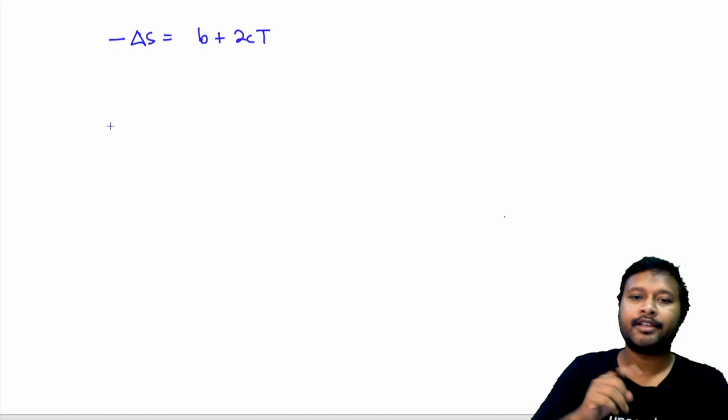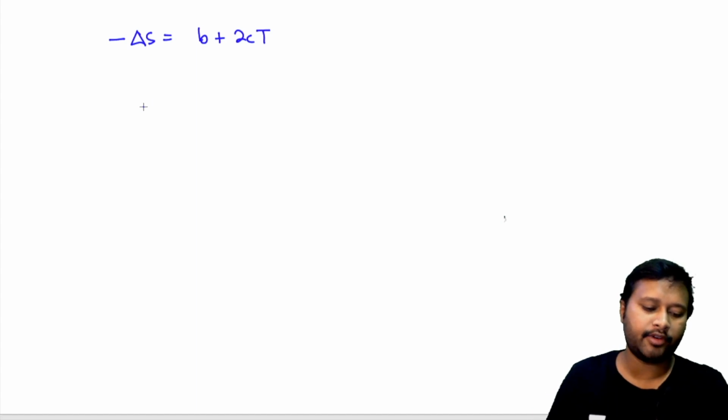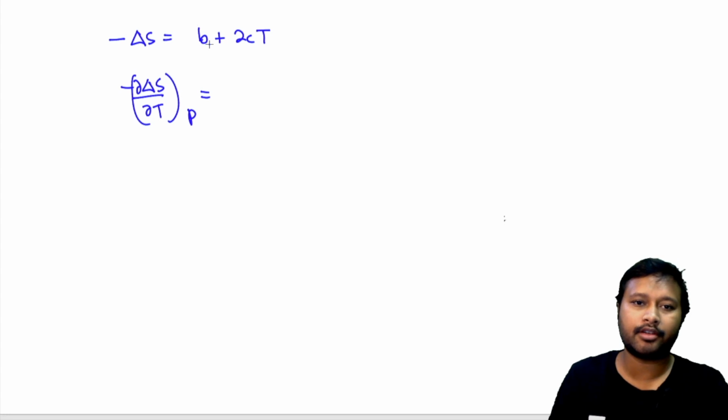Now I want Cp. So for that I have to differentiate this once again with respect to temperature. So that is going to be like minus del delta S by del T at constant P will be equal to the coefficient, this is a constant, so differentiation of that will become 0, and this particular thing will be 2C, and differentiation of T will become 1.